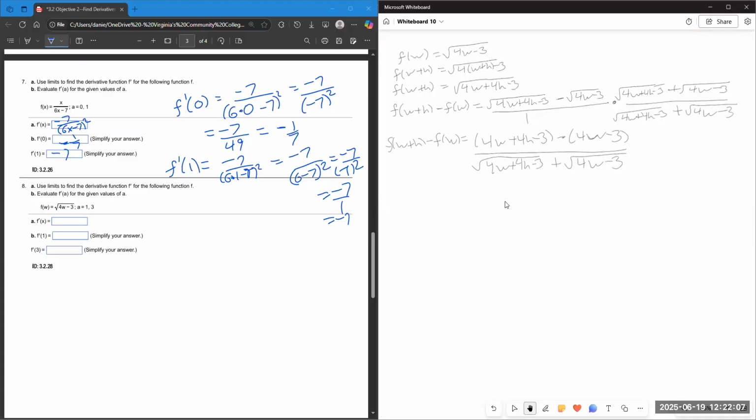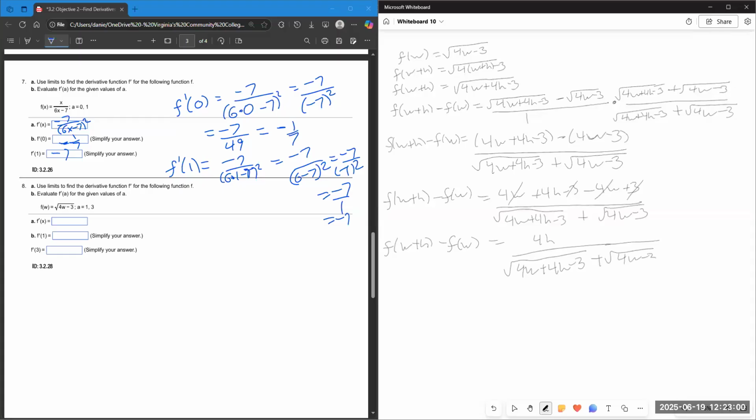Let's simplify that numerator: f of w plus h minus f of w is 4w plus 4h minus 3 minus 4w plus 3 over root 4w plus 4h minus 3 plus root 4w minus 3, and f of w plus h minus f of w is equal to 4h over root 4w plus 4h minus 3 plus root 4w minus 3. So now we're going to divide by h.